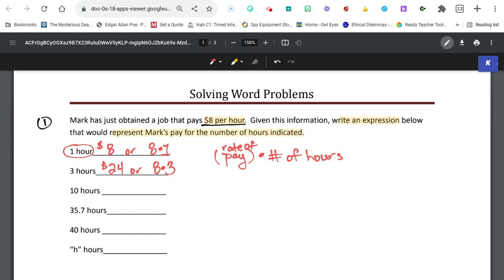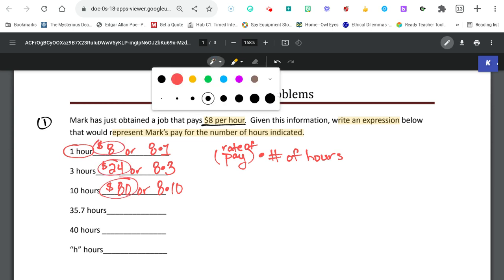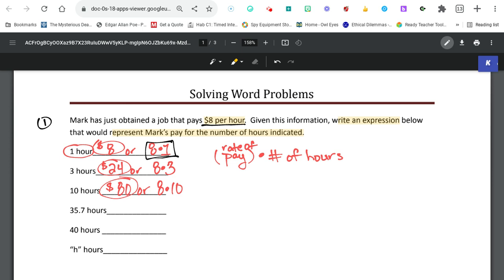All right, so for 10 hours, we know that 8 times 10 is 80, but I want 8 times 10. So from now on, I don't want to see just the answer. I want to see what operation we're using and what numbers we're using to actually produce those. So I want the operations, that numerical expression that's in the black box.